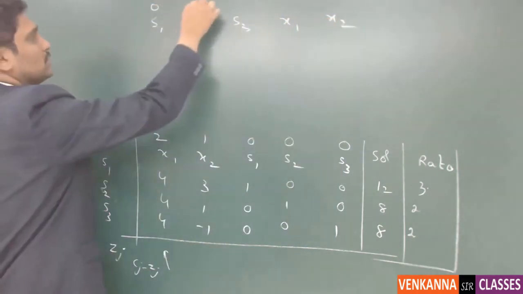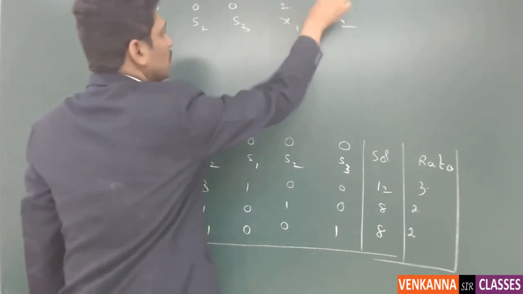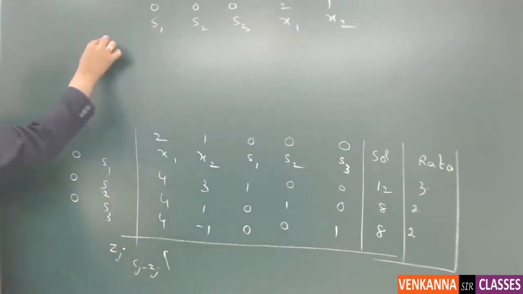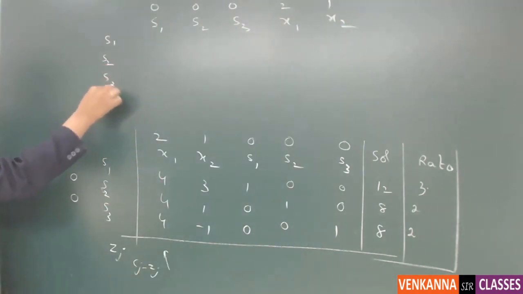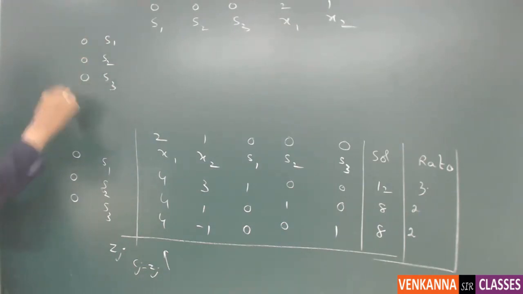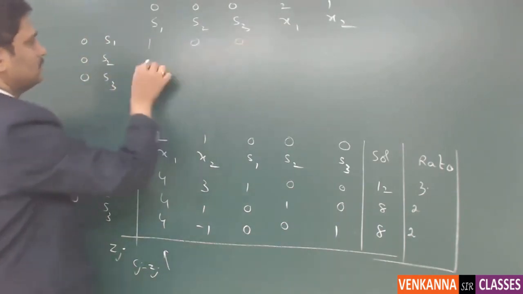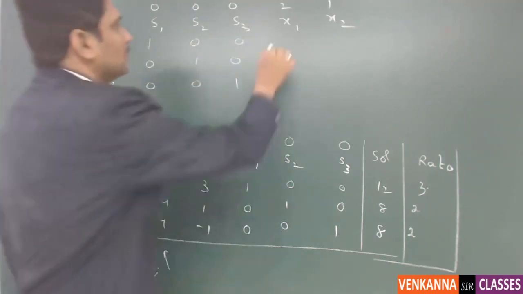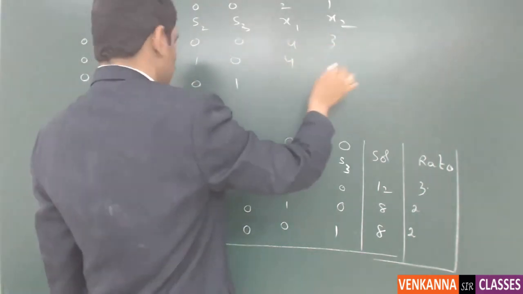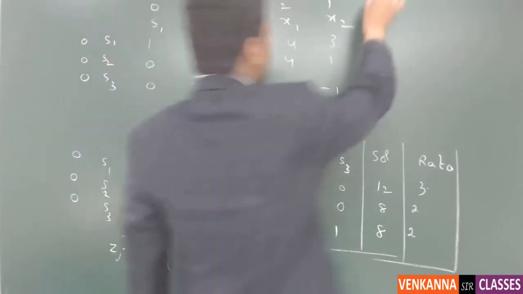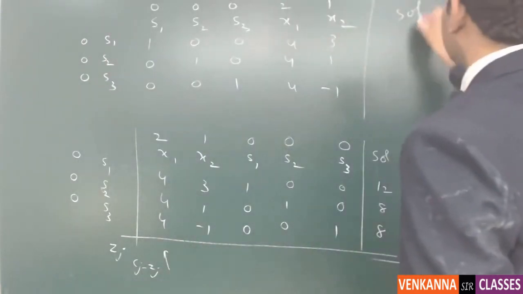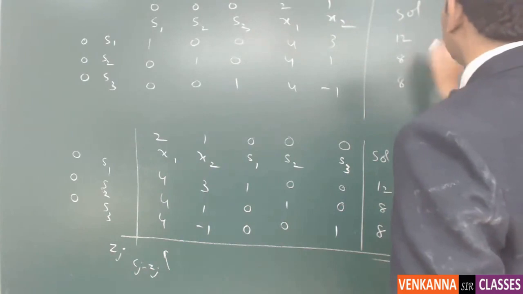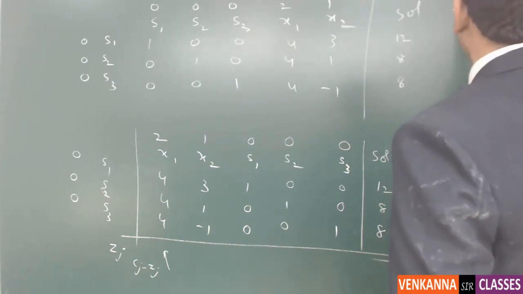So 0, 0, 0, 2, 1, and you have the corresponding rows S1, S2, S3, 1, 0, 0, 0, 1, 0, 0, 0, 1, and you have 4, 3, 4, 1, 4, minus 1. The solution comes like this: 12, 8, 8, and we calculate the ratio later.